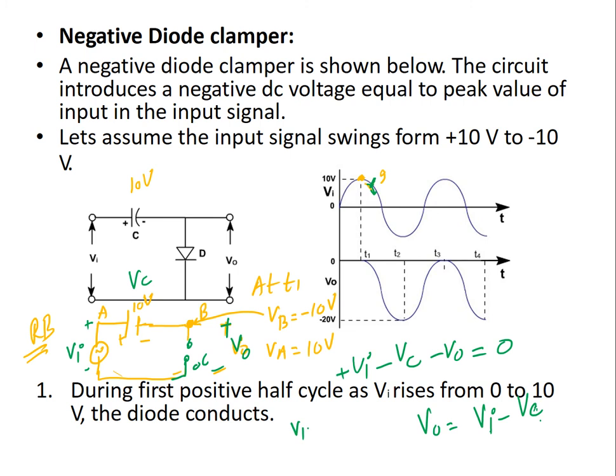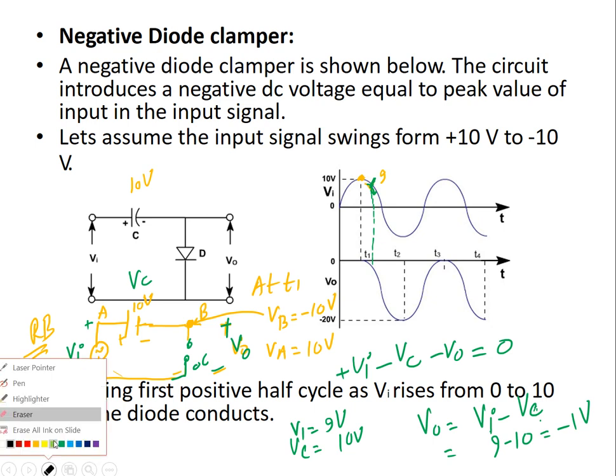At this interval, the input value is 9 volt and the VC value is 10 volt. The output will be 9 minus 10, which is minus 1 volt. So at this time interval, my output here will be minus 1 volt.